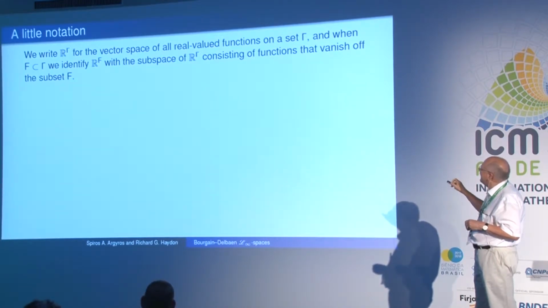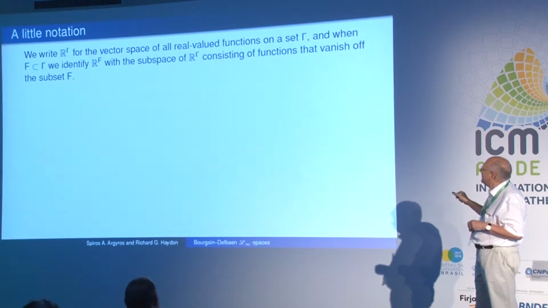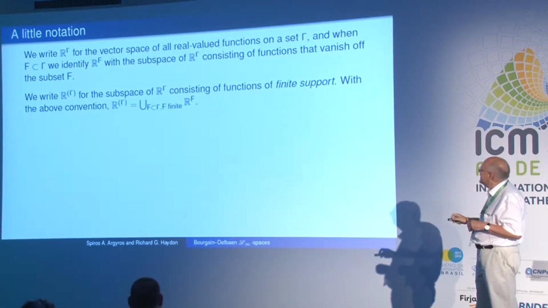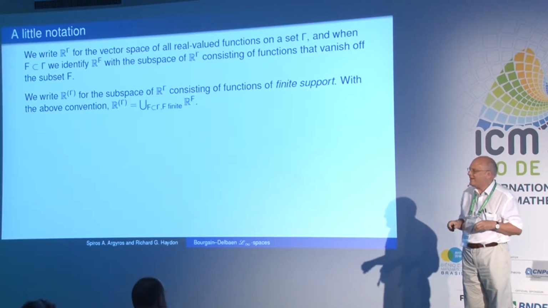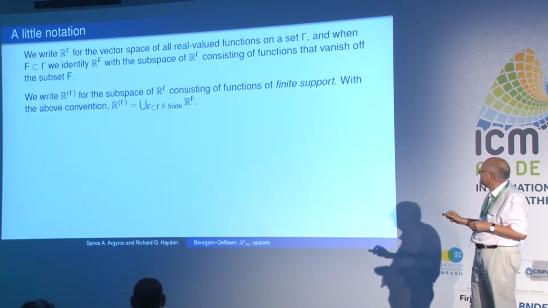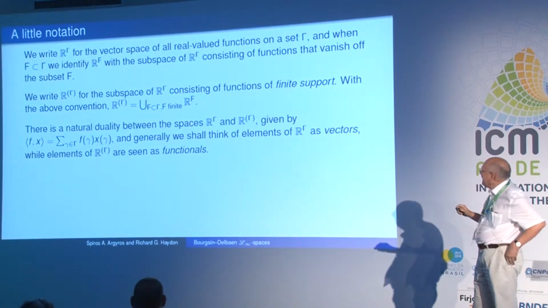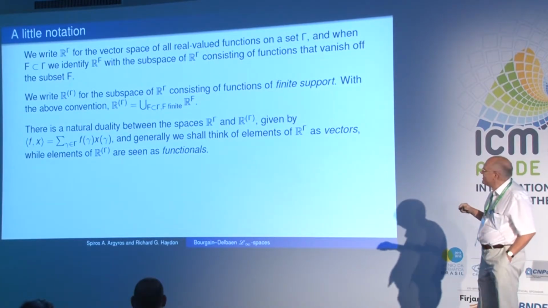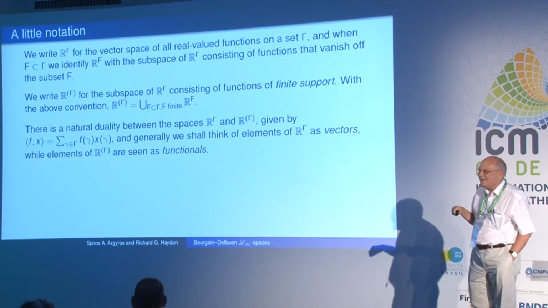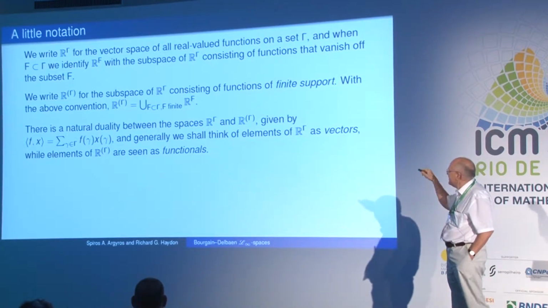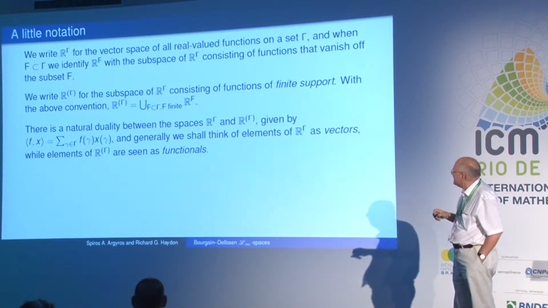R to the F, when F is a subset of gamma, is what you expect. This is French notation: R to the brackets gamma is the finitely supported ones. In our applications, usually the elements of R to the brackets gamma we think of as functionals, whereas the elements of R to the gamma we think of as vectors.